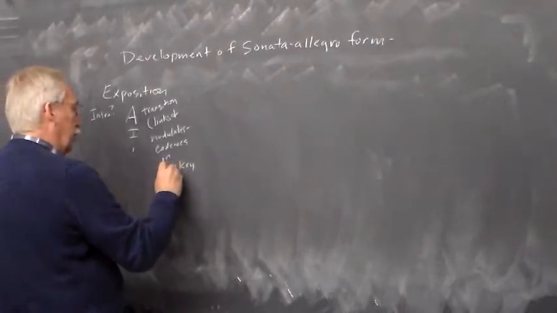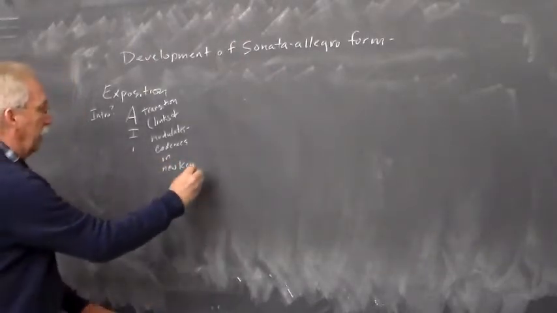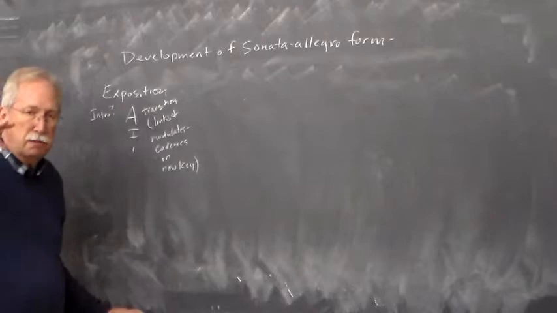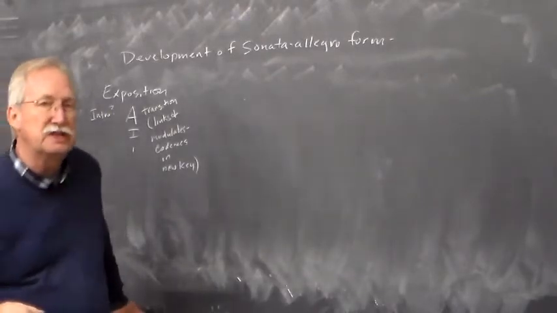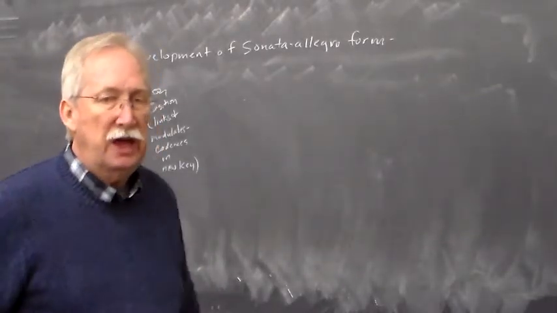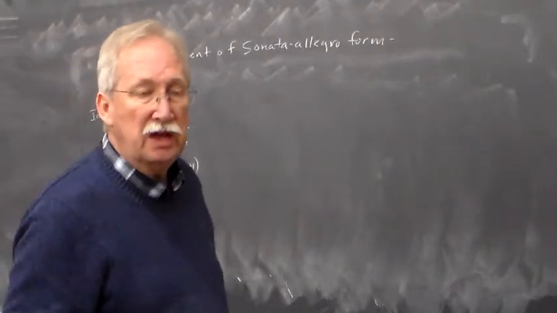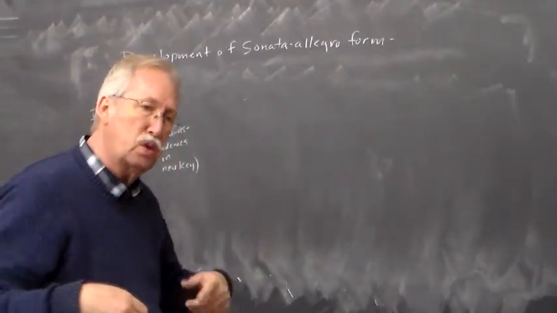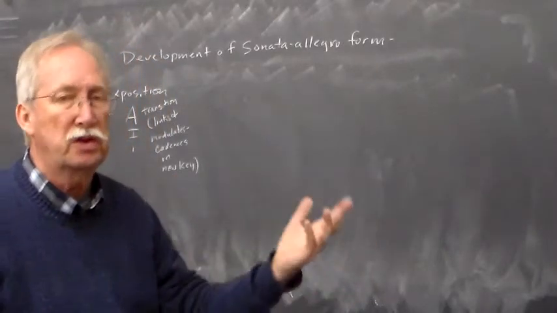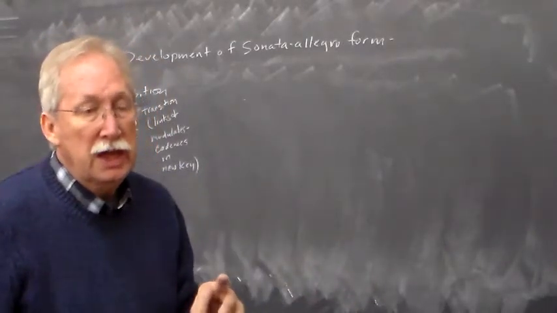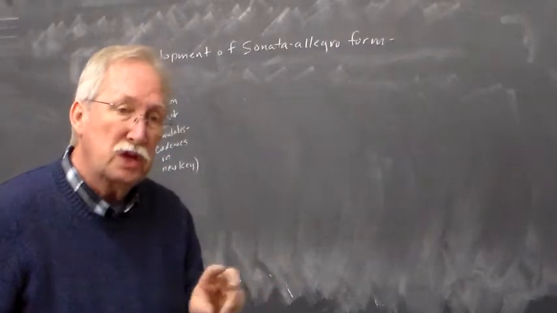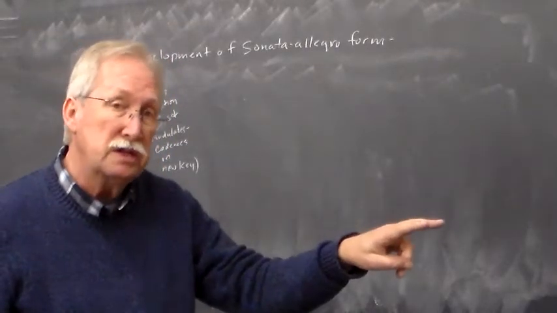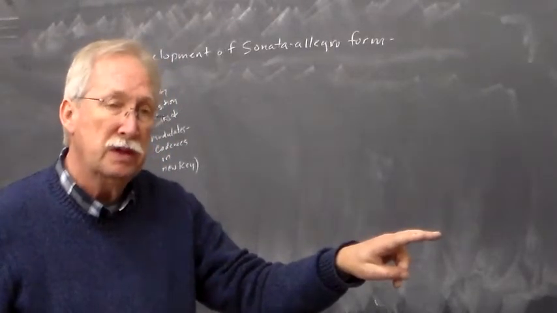Very important that you're looking for the point that it modulates and then it cadences in that second key. And you're always looking for either dominant if the overall key is major or relative major if the overall key is minor. You could possibly have it go to the minor dominant if the overall key is minor.